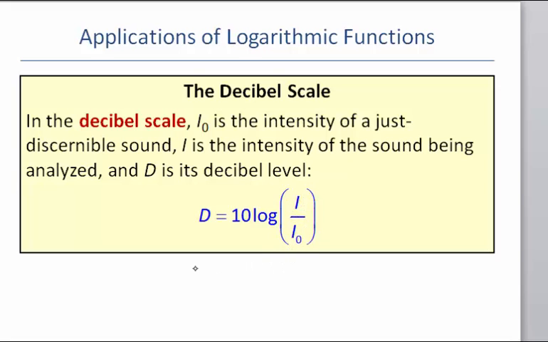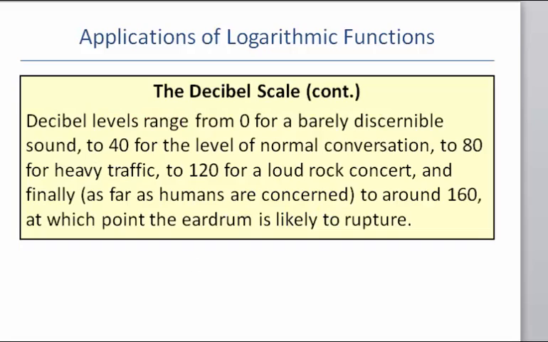How do we compare decibels? 0 is barely discernible, 40 is the level of a normal conversation, 80 is the sound of heavy traffic, 120 for a loud rock concert, and finally around 160. At 160, you would likely rupture your eardrum.